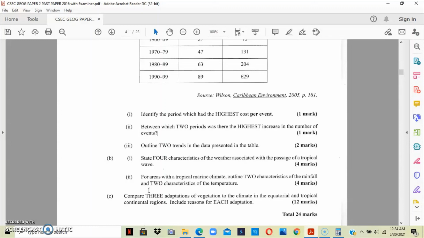The trees have large leaves, very tall trunks, and very large buttress roots to support their tall trunks, right? So the trees in the equatorial region have very large leaves because of the amount of rainfall that the area receives. So they have an adequate amount of water to help with their growth.